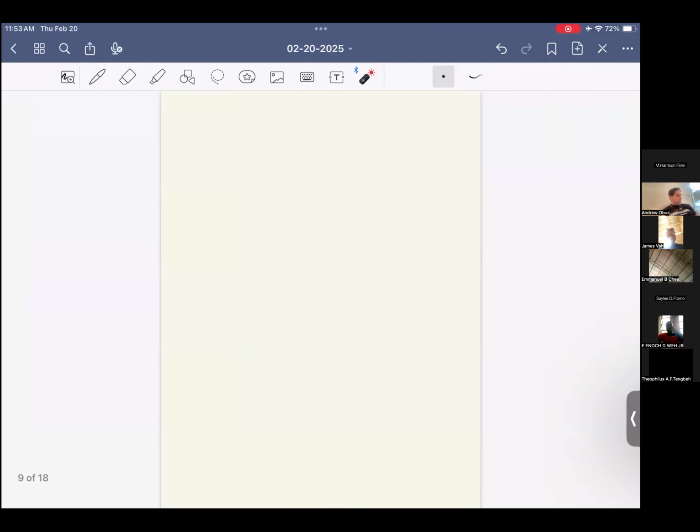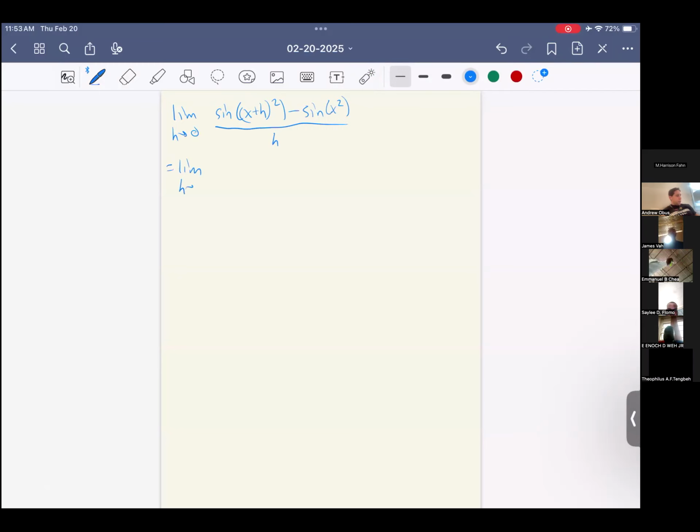If you take the limit as h goes to 0 of sine of (x plus h) squared minus sine of x squared, divided by h, you can try to simplify this. So that's sine of x squared plus 2xh plus h squared, minus sine of x squared, divided by h.